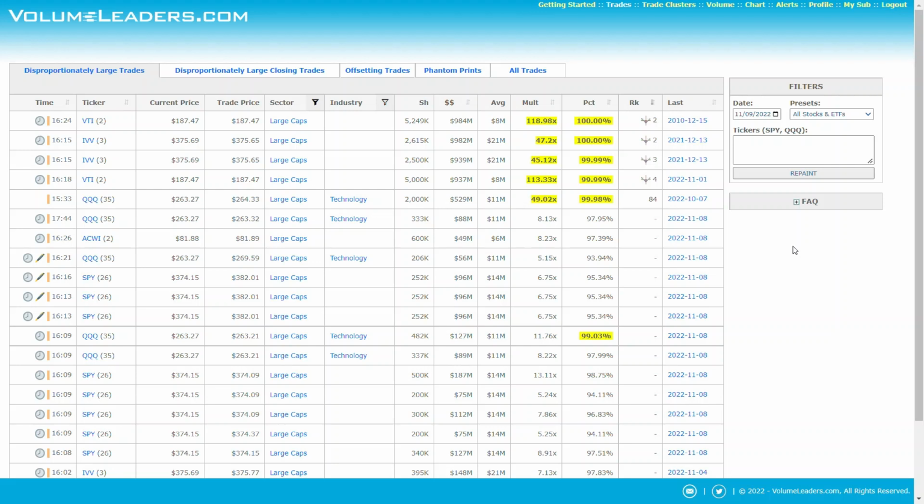These aren't necessarily lists of places where you should automatically go and take a trade. And they don't always tell you to go long, and they don't always tell you to go short. It's just a means by which you can get a little bit more insight into what institutions are doing. And that's it.